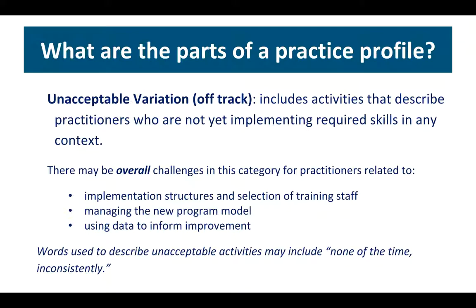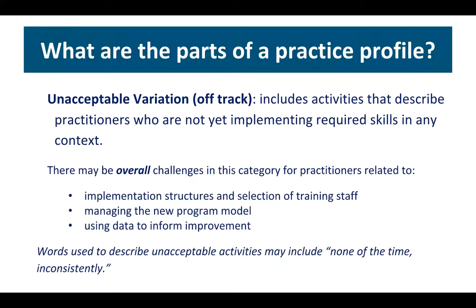And the next part of the practice profile is the unacceptable variation. And here we just need to define what the implementation of the initiative does not look like, so that we have this clarity for practitioners. So this includes activities that describe practitioners who are not yet implementing the required skills in any of the contexts.